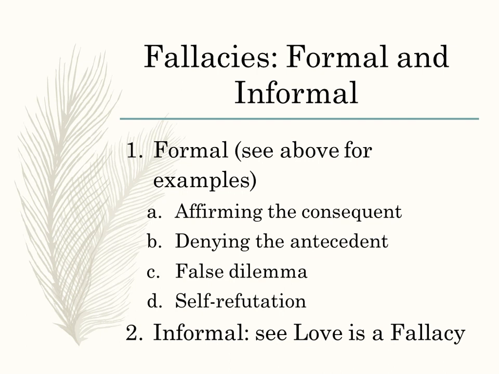Another one is false dilemma, which was also talked about in Love Is a Fallacy, and then self-refutation. The first two deal with the validity of the argument structure. These two deal with the soundness. If the content refutes itself, or limits you to a false dilemma, then that's also a formal fallacy because it's messing with a formal argument structure.